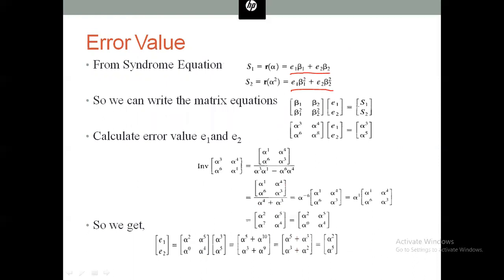So we equate it with the syndromes S1 and S2, and we take the values of beta 1 and beta 2, and we have the squared values of these. And from this, we calculate E1 and E2. And the values of E1 and E2 will be alpha 2, alpha 5.